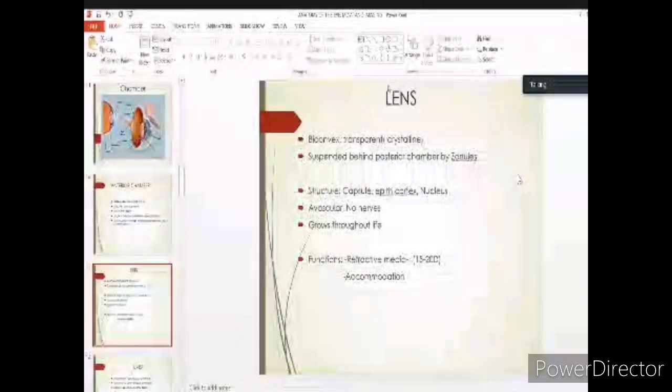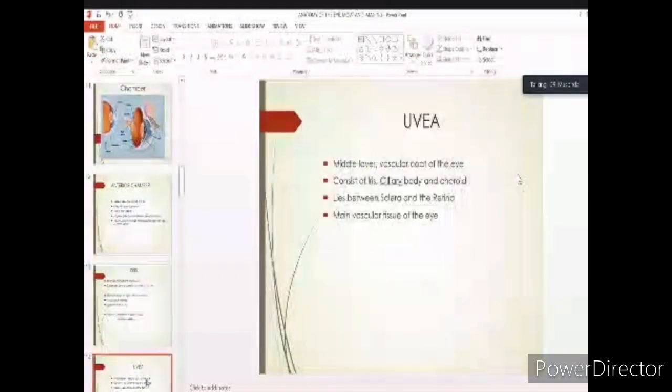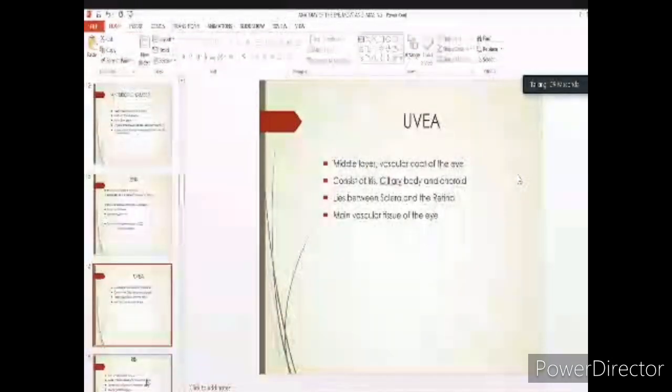It's a refractive media, but not as much as the cornea is. And it's also important in accommodation because for you to see from a distance, you need your lens to focus so that you can read immediately after looking at something that's at a distance.